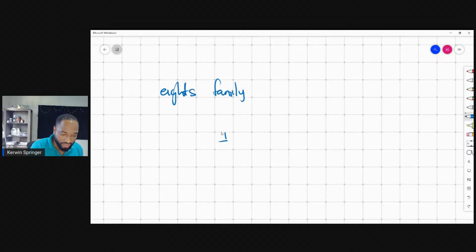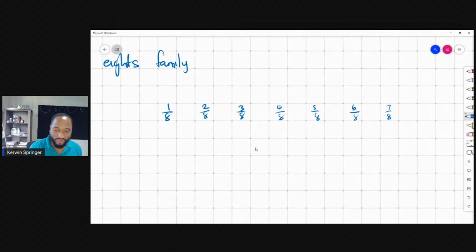So we have 1/8, 2/8, 3/8, 4/8, 5/8, 6/8, 7/8. How many of you all know your eighth family inside out? You draw this up sometime in your school life, you hang it up in your room, you put it on your pillow.